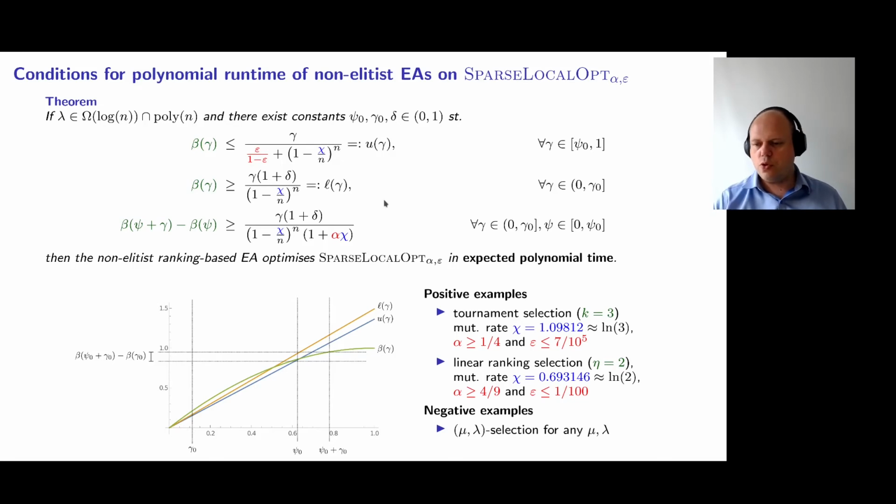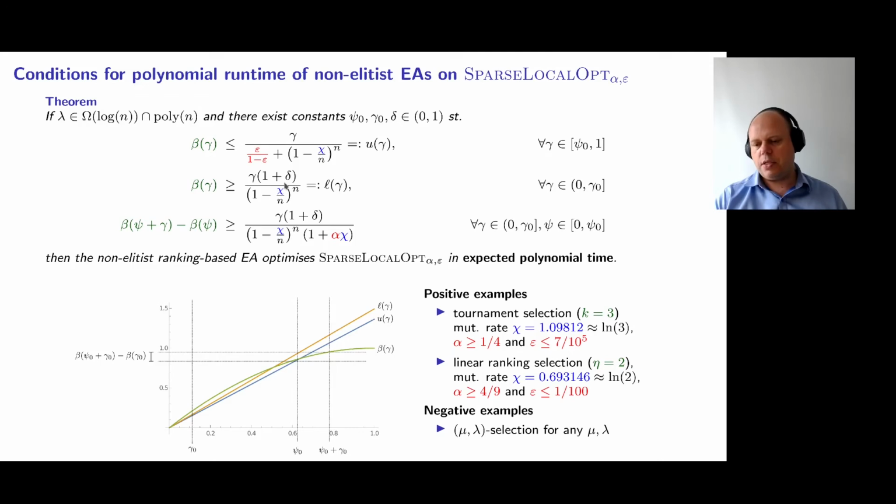For example, if you use 2-tournament selection with tournament size 3 and use mutation rate parameter chi 1.09812, which is quite close to, a little bit below, the error threshold, which is log of 3, then if you choose alpha to be at least 1/4 and epsilon to be less than 7 divided by 10 to the power of 5, the conditions are satisfied.